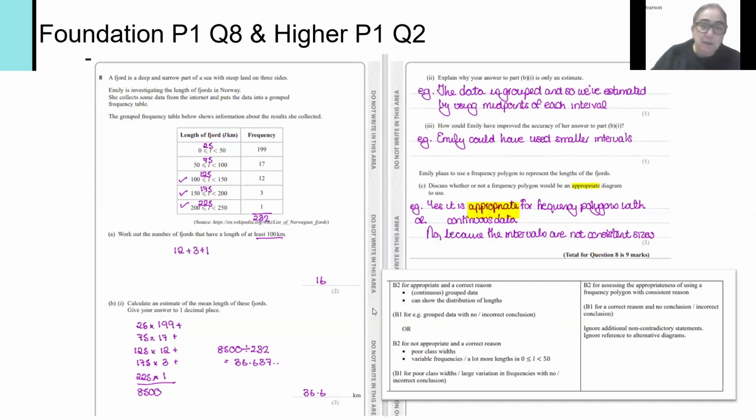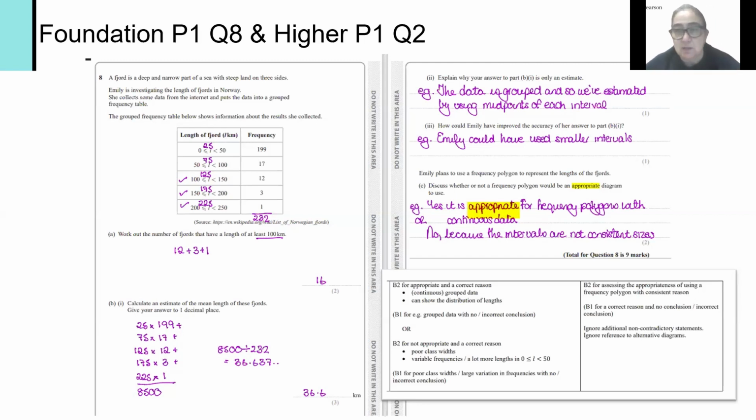Again, the frequency polygon, this was a crossover question, so a little bit of a mixed bag. When we look at it on foundation, it was really rare to see why it was suitable. However, on higher, it was still less answered than the other parts of the question, but not as bad as foundation.